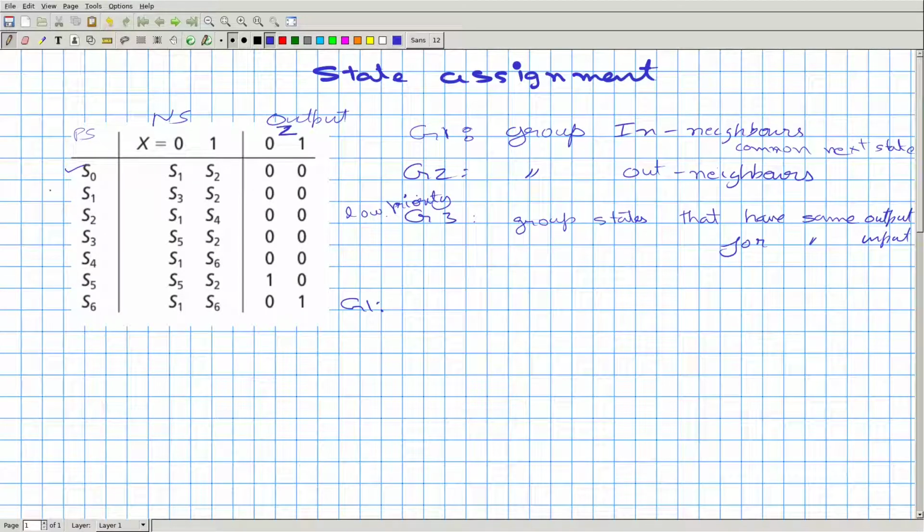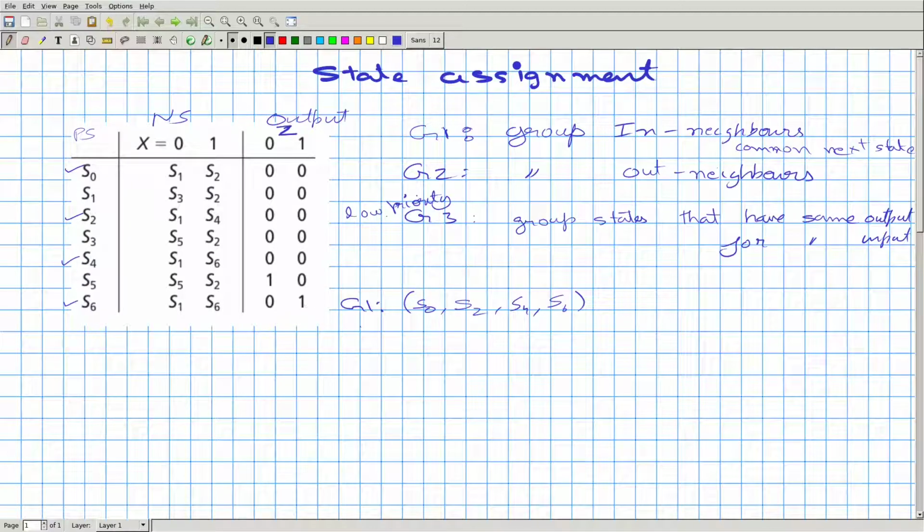That includes S0, that includes S2, that includes S4 and S6. So here S1 is a next state for all of them. So S0, S2, S4, S6. Right?